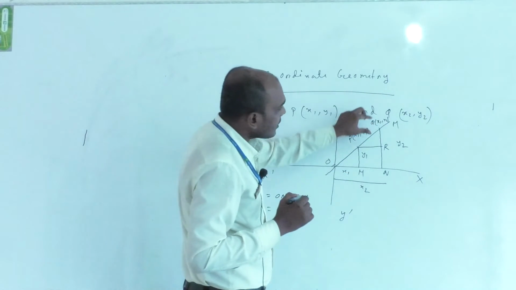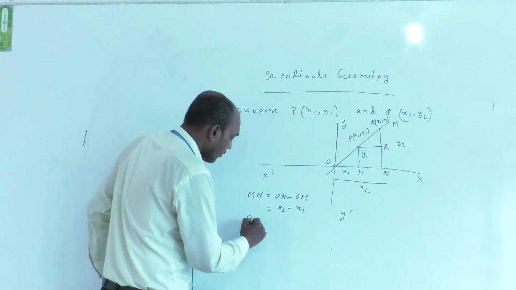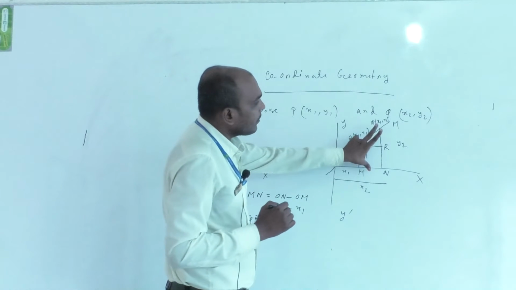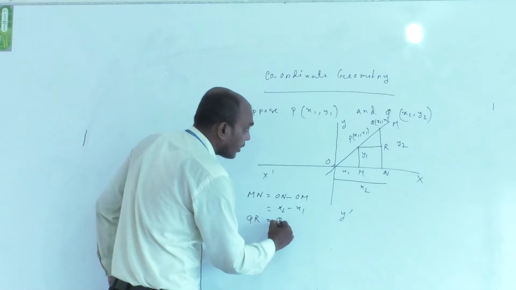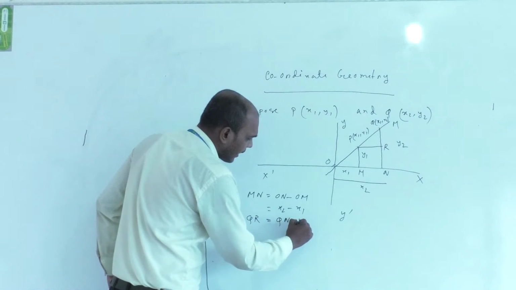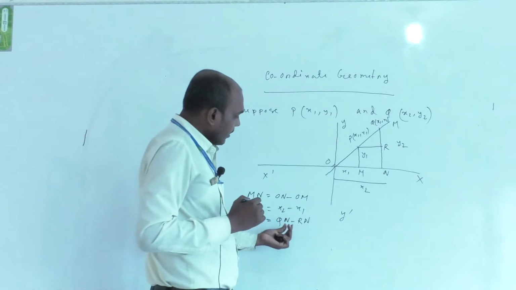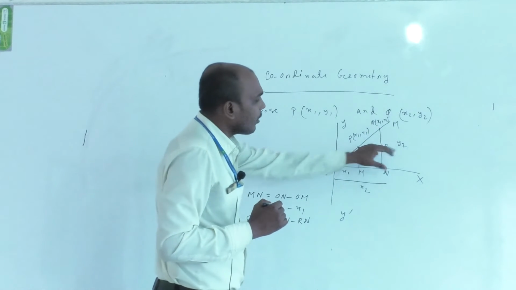Similarly, what will be the distance QR? QR equals QN minus RN. The distance QN is y2.